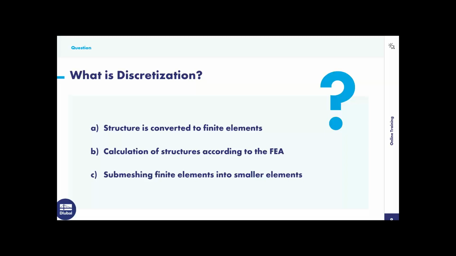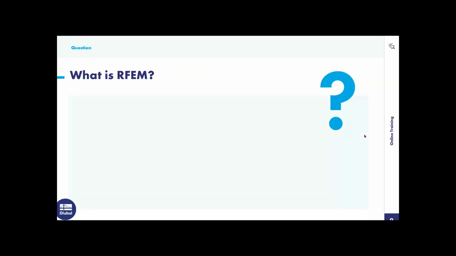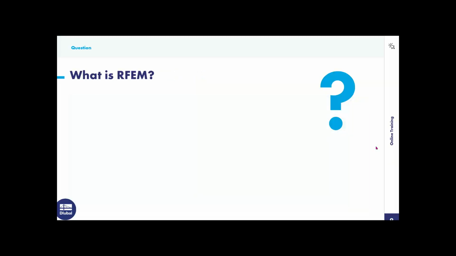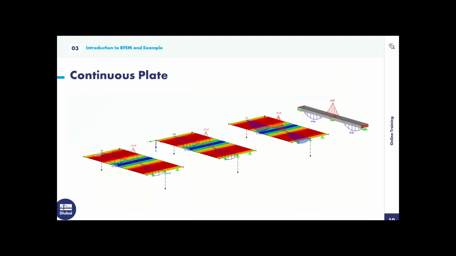Okay, so now we can move on and do an example. Actually, I have one last question before we move into the example. Actually, sorry about that. We'll go over that question. So yeah, now we can move on to the example, and we can start by modeling the continuous plate.